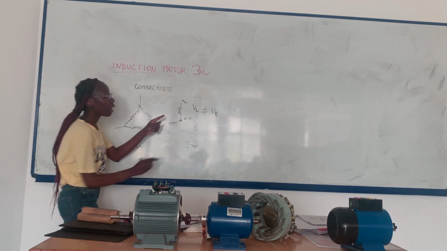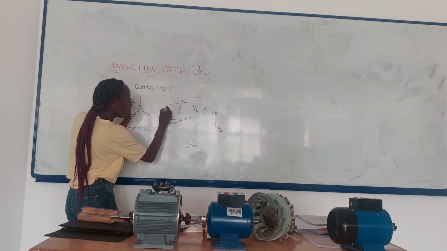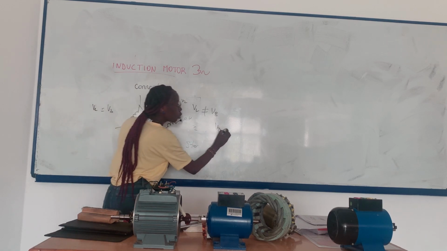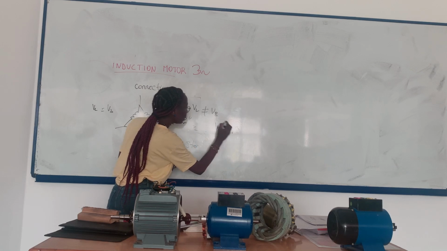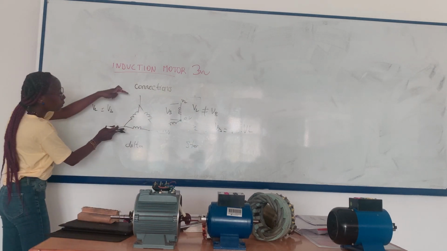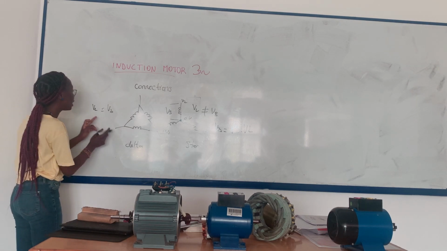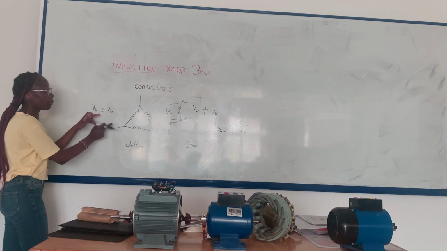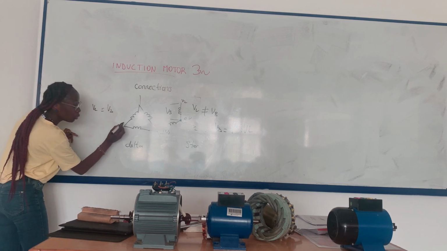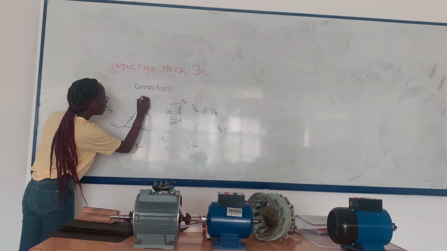voltage. That's why the line voltage VL is equal to square root of 3 times the bobine voltage VB. But with our delta connection, we know that VL is equal to VB, because here, for example, we have U1, V1, W2.